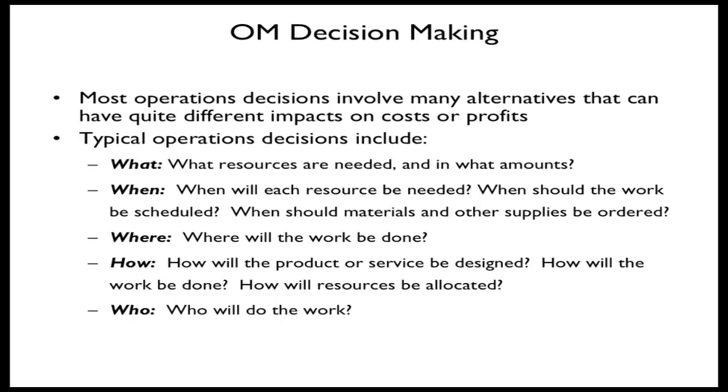The when: when will each resource be needed, when should the work be scheduled, when should materials and other supplies be ordered. The where: where will the work be done. The how: how will this product or service be designed, how will the work be done, how will the resources be allocated. And then who will do the work. So those are all decision-making questions.